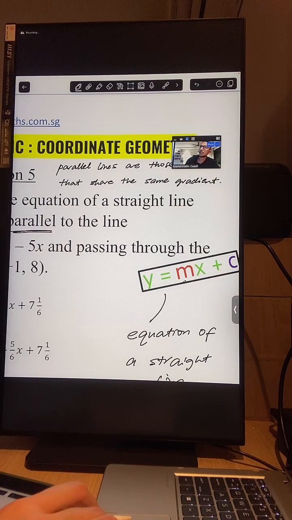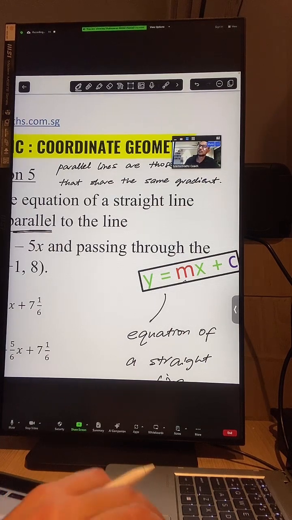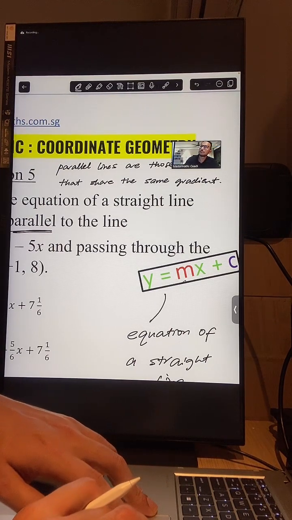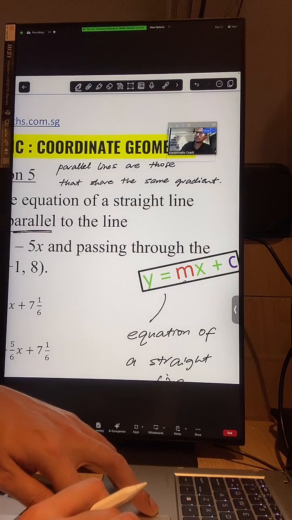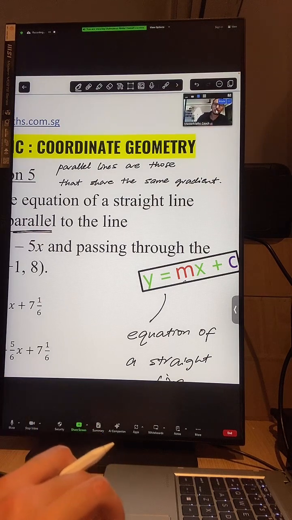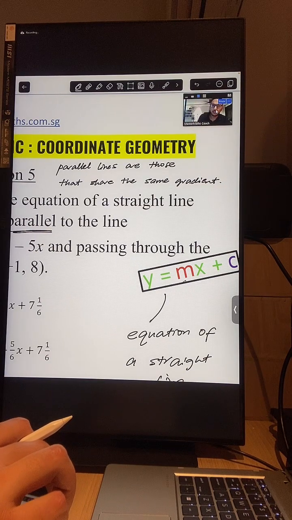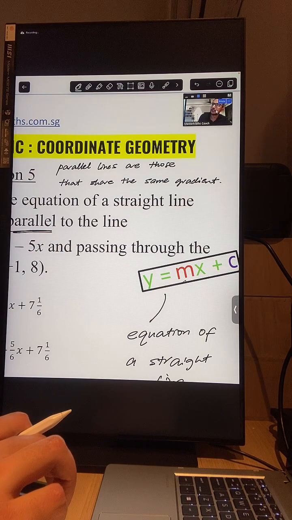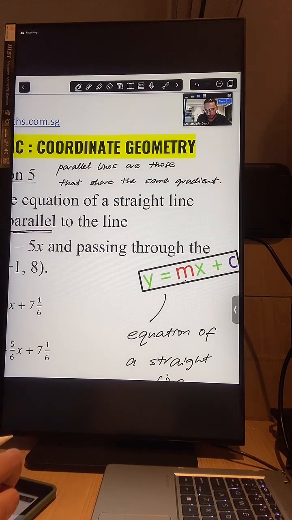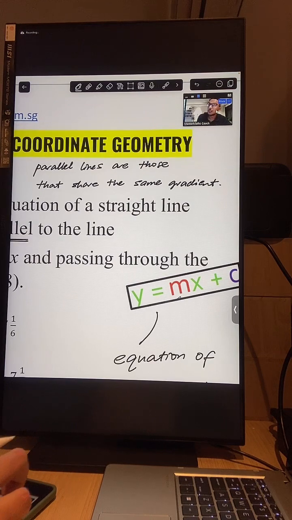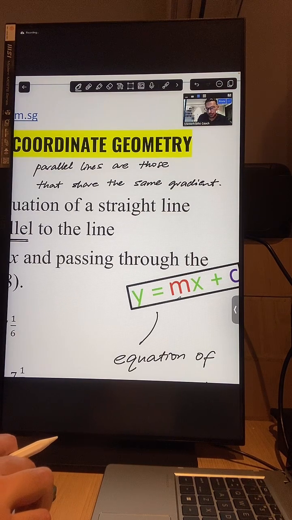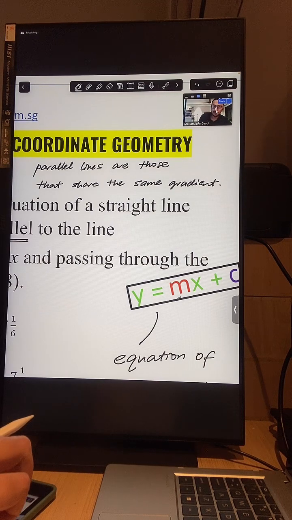Okay? Can you see that? Parallel lines are those that share the same gradient. So when they share the same gradient, it means to say that the m is the same.